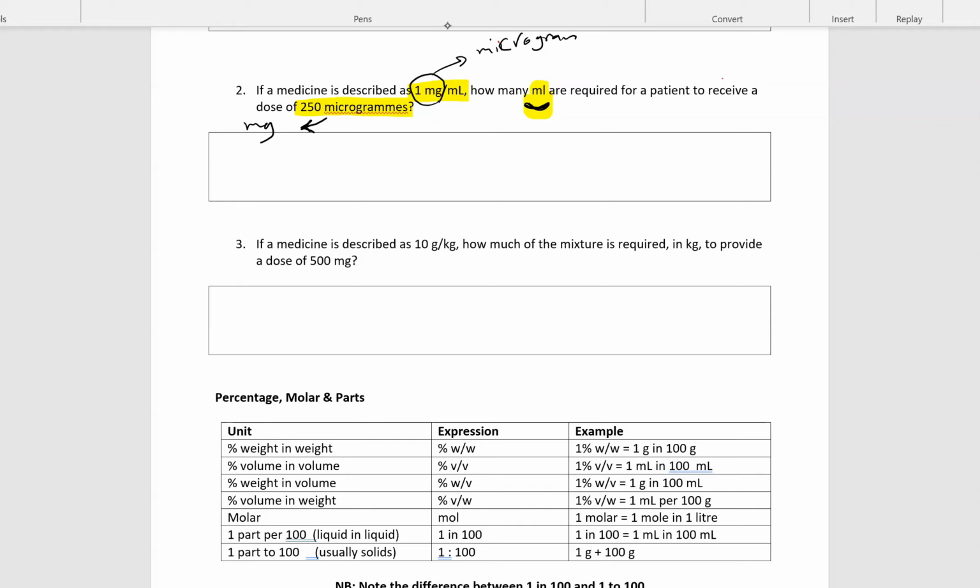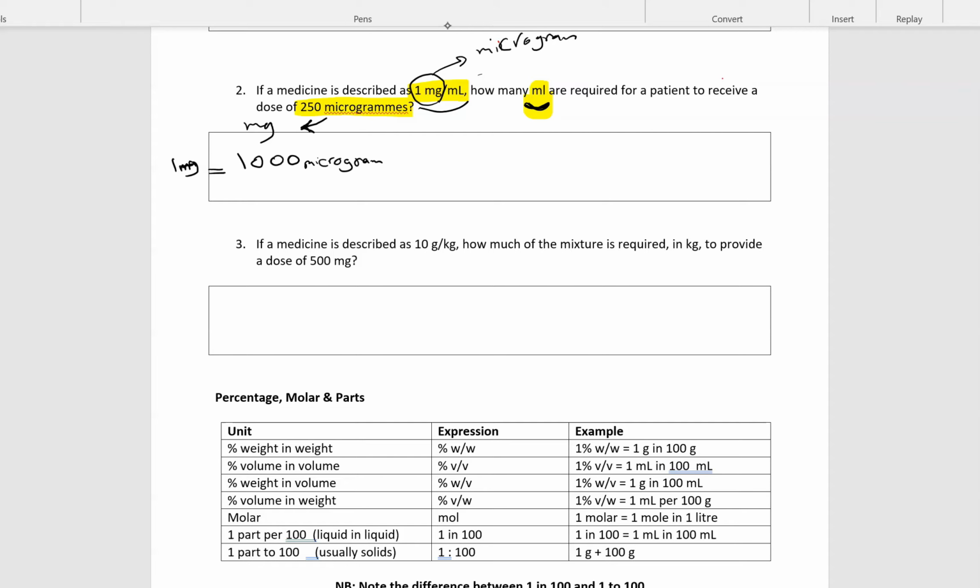If I want to change milligram to microgram, 1 milligram is equal to 1000 micrograms.